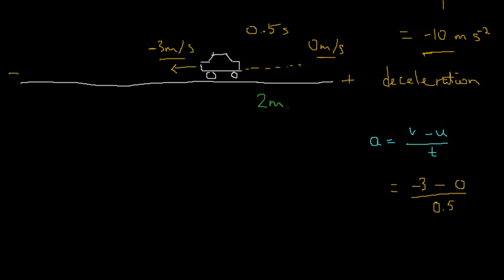So the answer is minus 3 over 0.5, which is minus 6 meters per second squared. Now we have a situation where the acceleration is also minus, and we have the car moving to the left and going faster and faster to the left. So in this case, the minus sign means accelerating to the left.